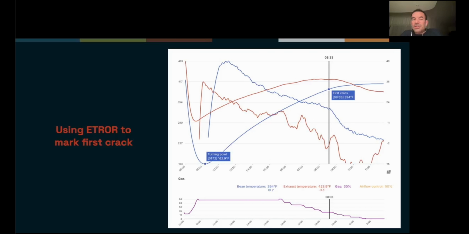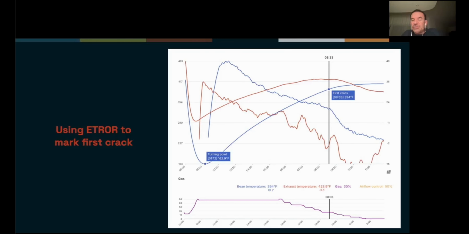There are situations with some naturally processed coffees where if you are roasting light, your ROR is pretty low and you reach first crack, you may not actually hear first crack. Naturals tend to have much gentler cracks, much less pressure builds up within the bean.